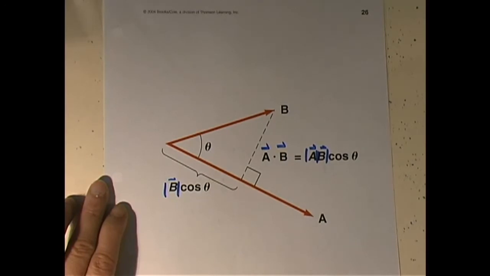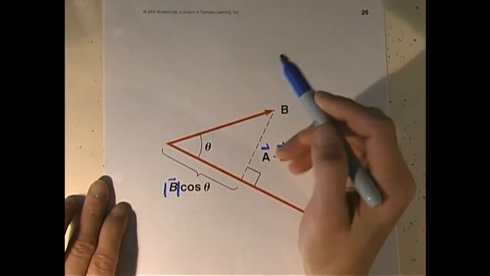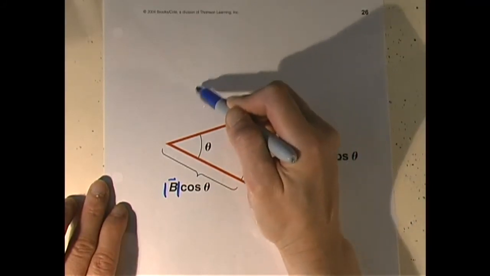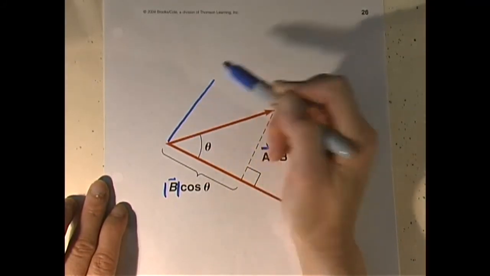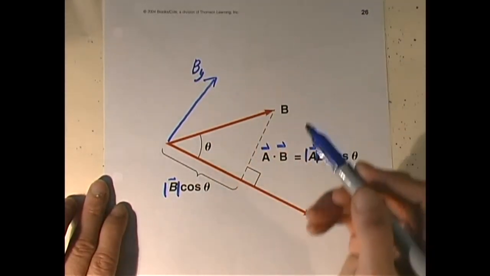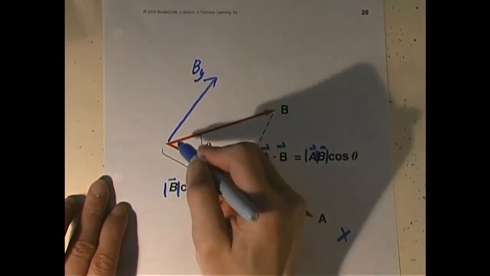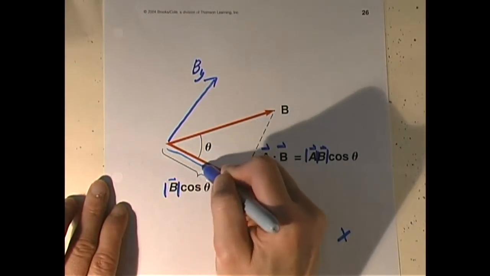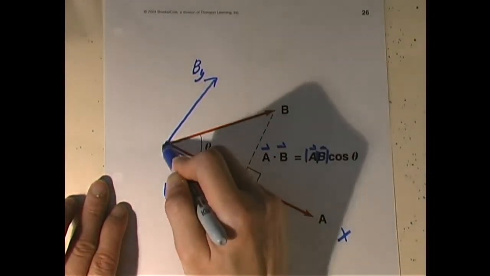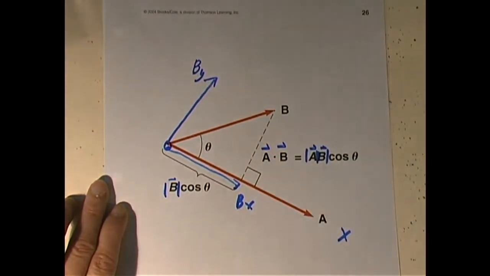So this tells us something very interesting, because if we separate this b, for example, if this is the x-axis, we can have b as the component b of y and b of x. We can separate b into bx and by.